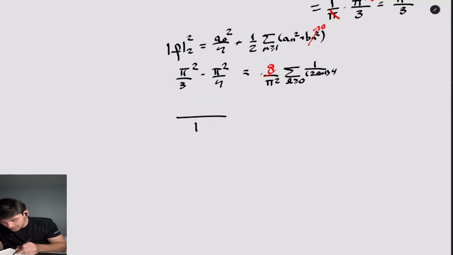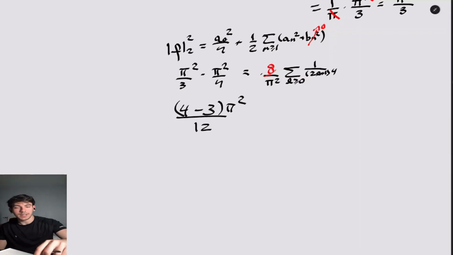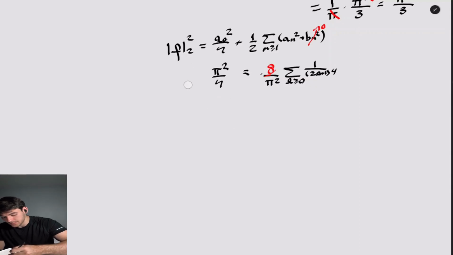This will give us 12 divided by 3 equals 4, minus 12 divided by 4 equals 3. So pi squared divided by 12, that's basically the math here. So I'll just erase it and put pi squared divided by 12.